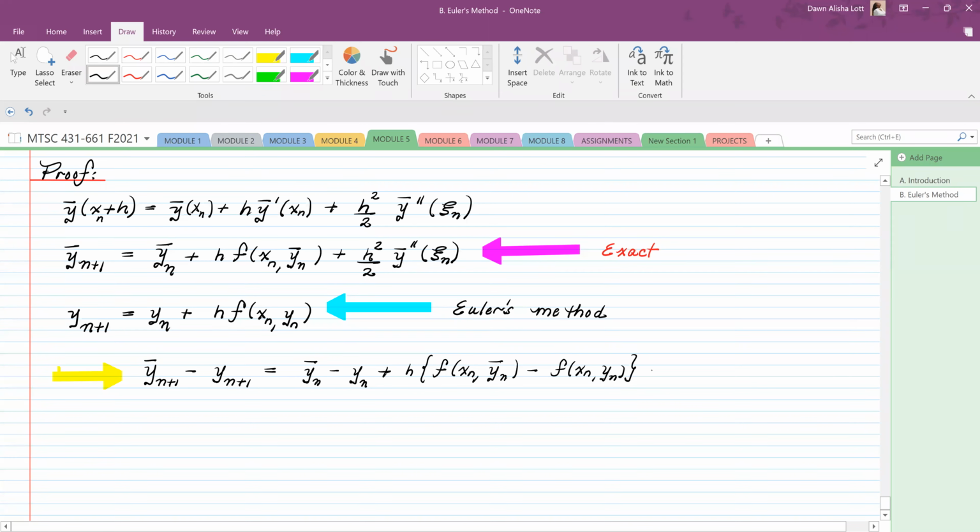Okay, plus our error, which is H squared over 2 times Y bar double prime at Cn.